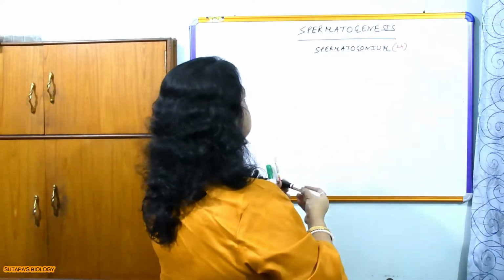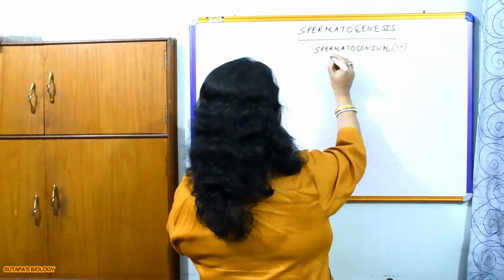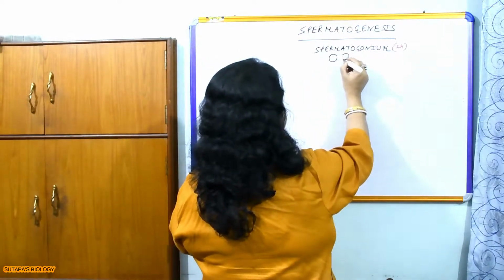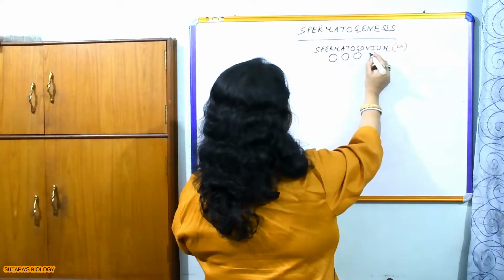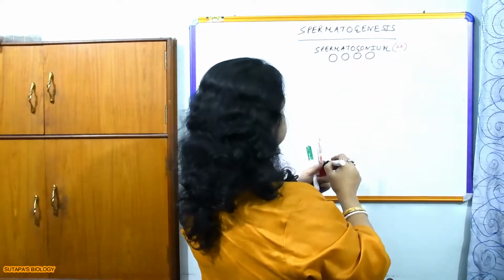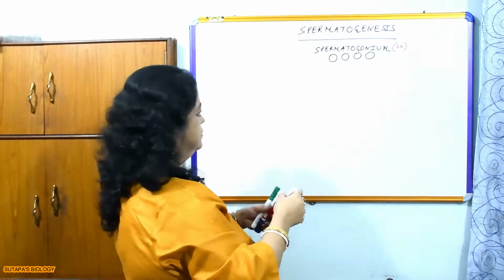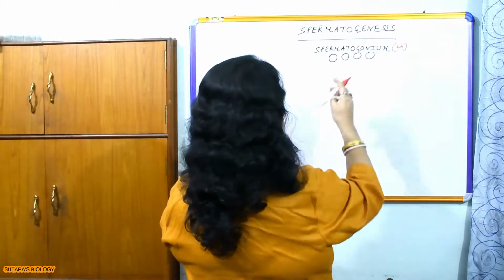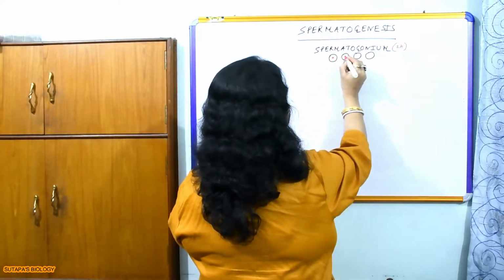I am representing them by some round structures, like these are the spermatogonia. All of them are 12. They have the nucleus of 12.